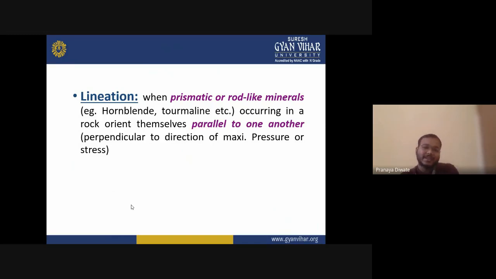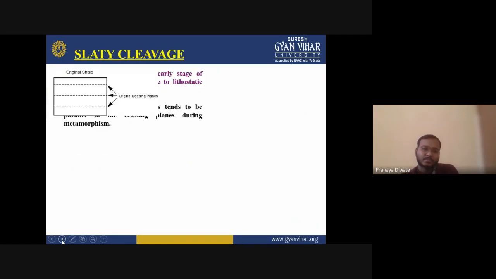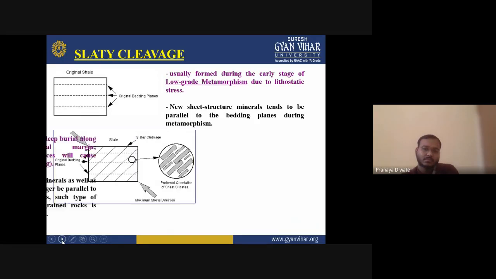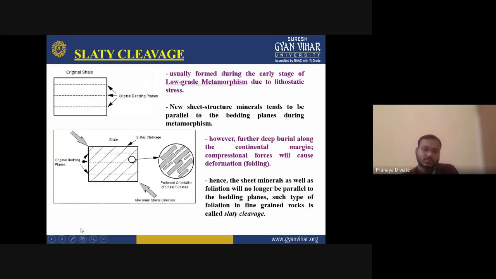So lineation is nothing but minerals in a rock arranging themselves parallel to one another. Lineation and foliation are different processes.